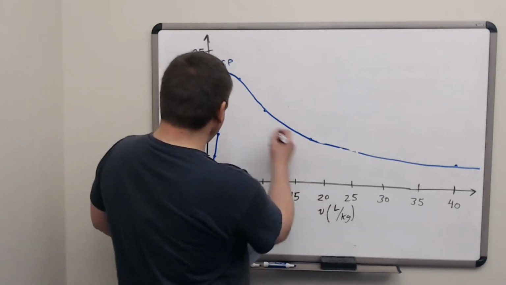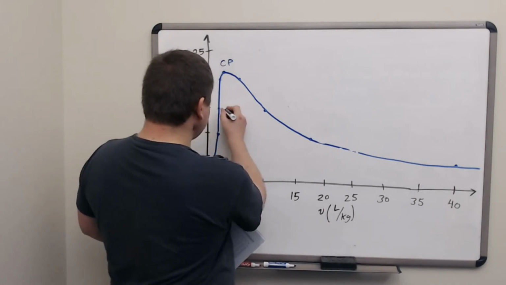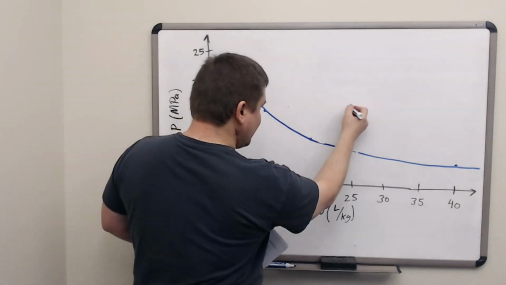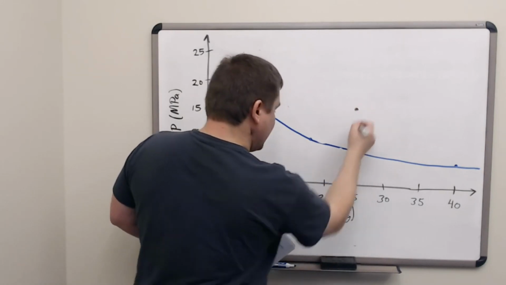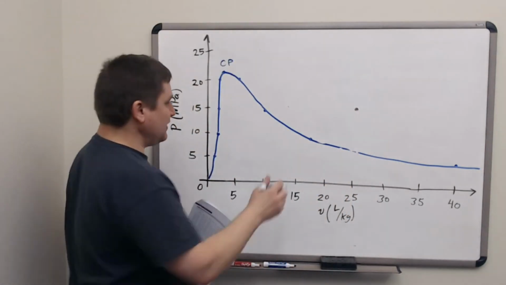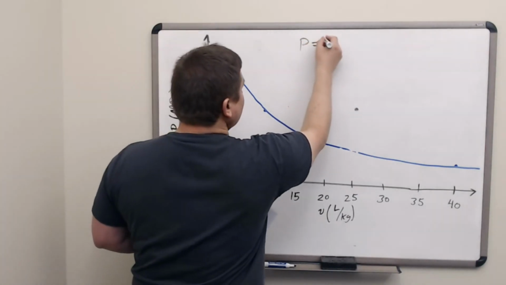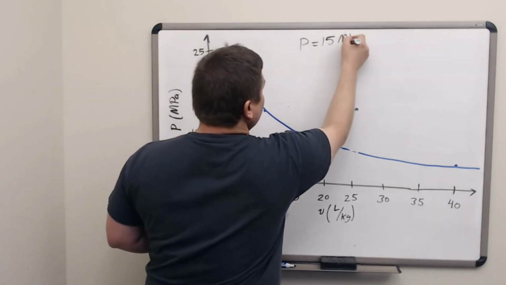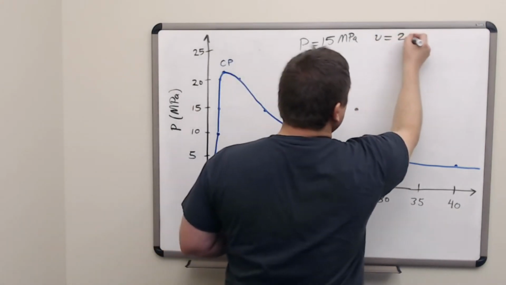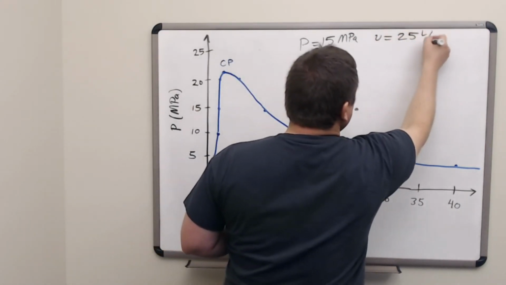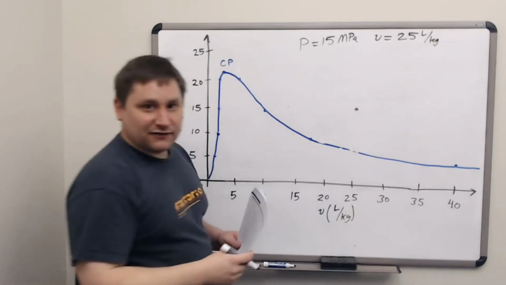Let's say we're interested in the properties of water steam at 15 megapascals of pressure and 25 liters of volume. That's 25 liters per kilogram.